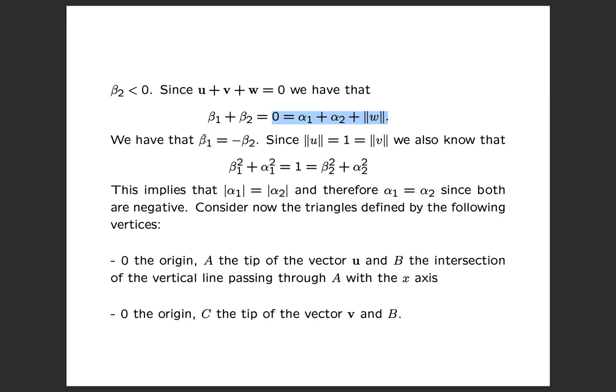From these equalities, we deduce that the absolute value of alpha 1 coincides with the absolute value of alpha 2, and since alpha 1 and alpha 2 have the same sign, they coincide. So alpha 1 and alpha 2 are the same, and both negative.